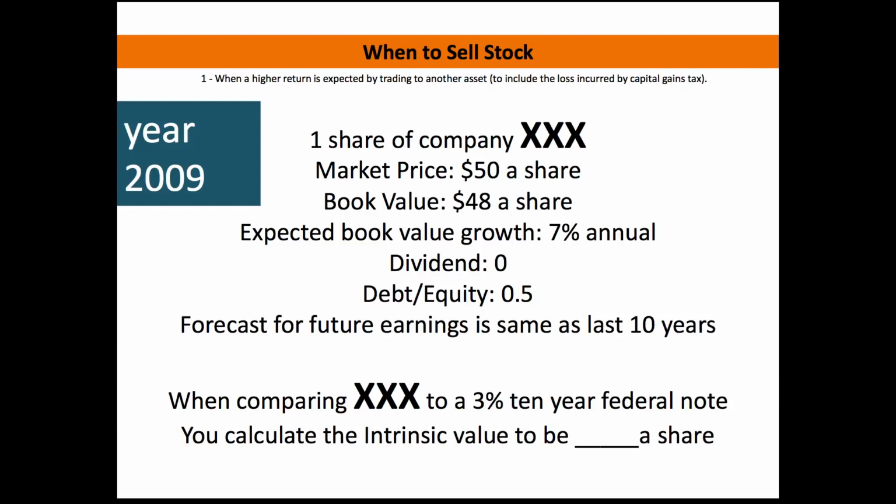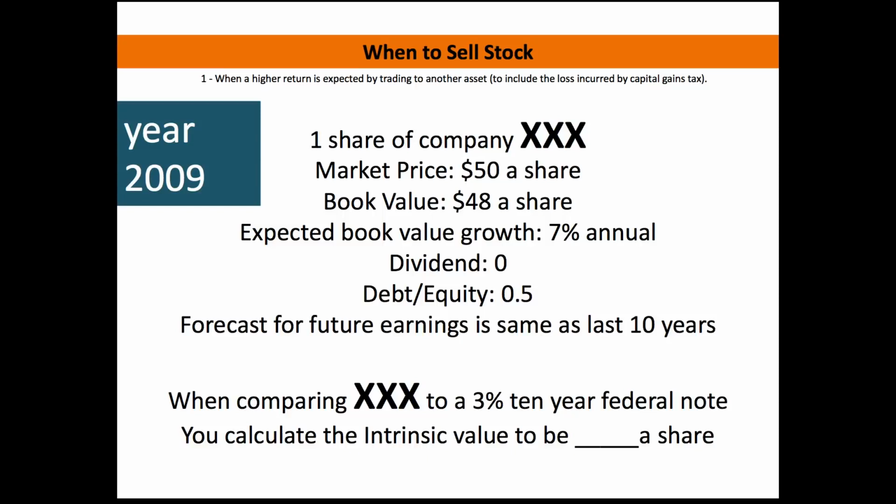Now, I know I've told you in the past that you always want to buy a company with dividends, but in order to make the calculation a little easier, I've said that we're not going to deal with any companies that are paying dividends. We're just going to assume that all the earnings the company makes are put back into the equity of the business, which will be displayed as book value. And that's growing at 7%.